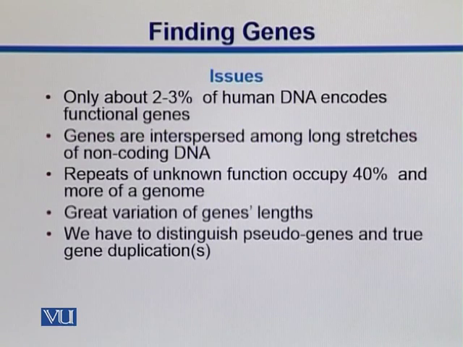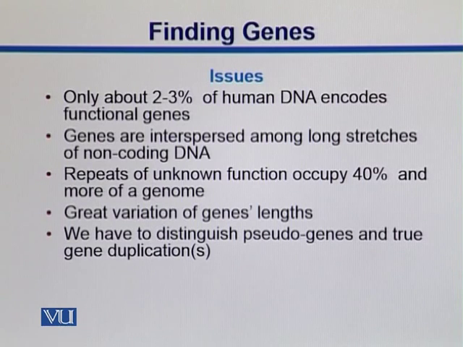As far as gene finding is concerned, there are some other issues. We know that in humans, 2 to 3% of DNA encodes for functional genes, and genes are interspersed among long stretches of non-coding regions. So very few parts have genes, and we have so much non-coding region. Earlier we used the term junk, but we are still getting some interesting patterns out of it.